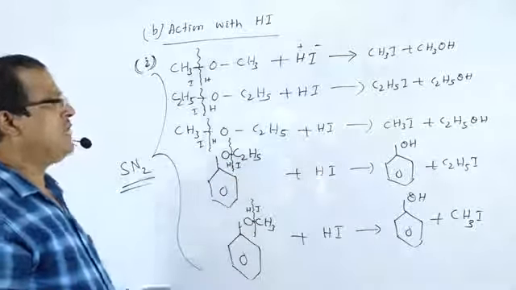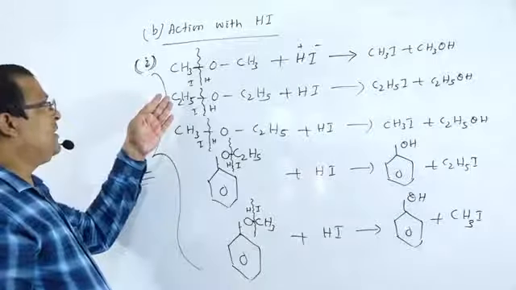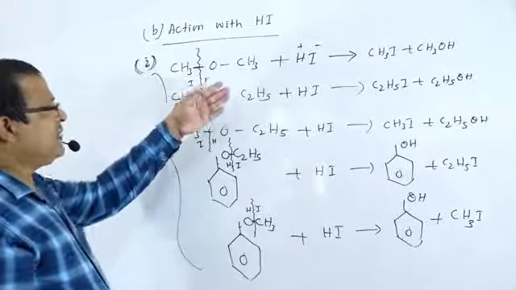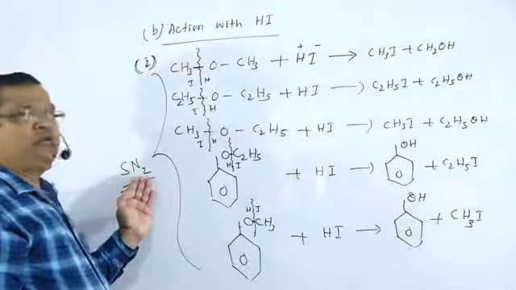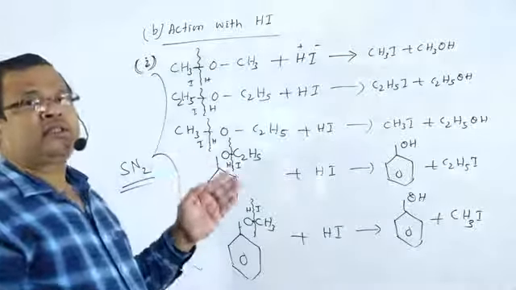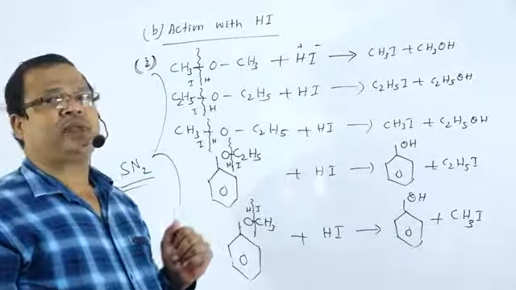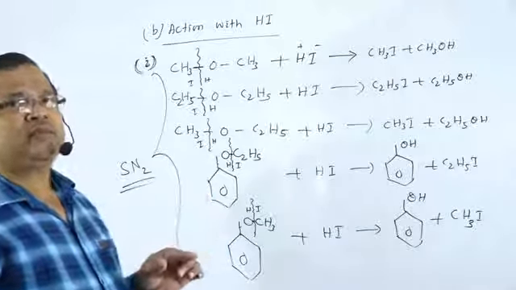So alcohols and phenols are formed. This is the action of ethers with HI, which proceeds through the SN2 mechanism. But if the ether contains a tertiary carbon atom, it will proceed through the SN1 mechanism.